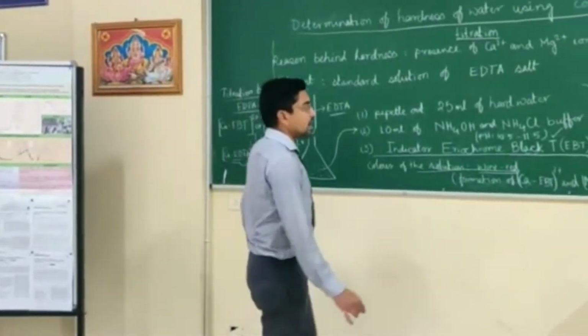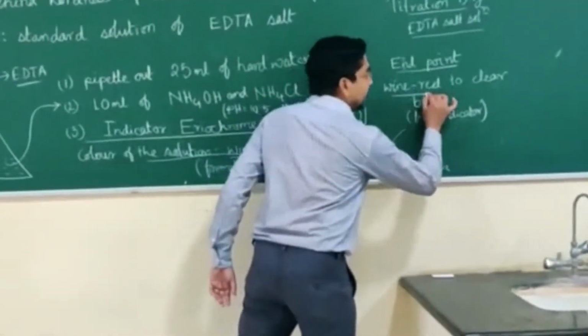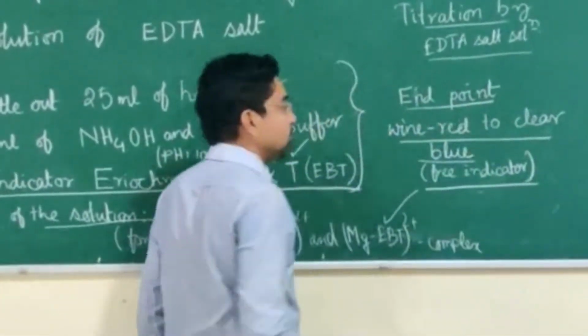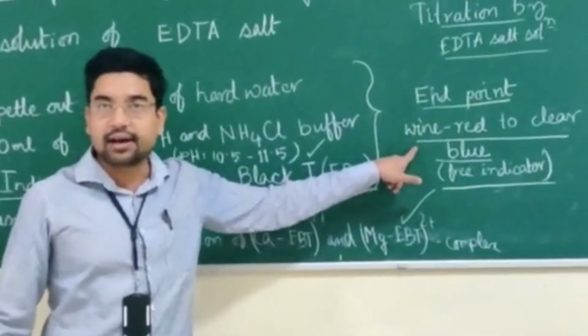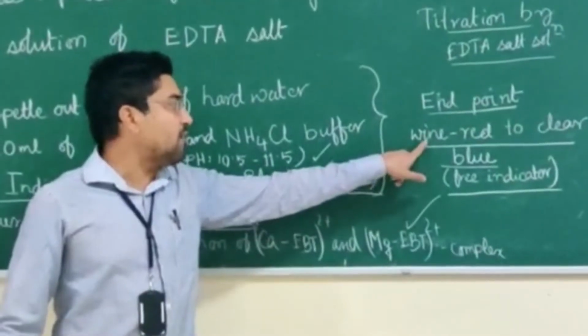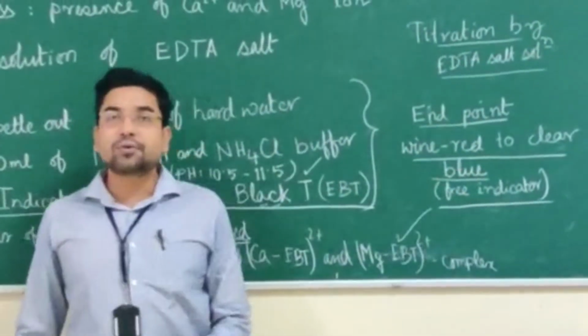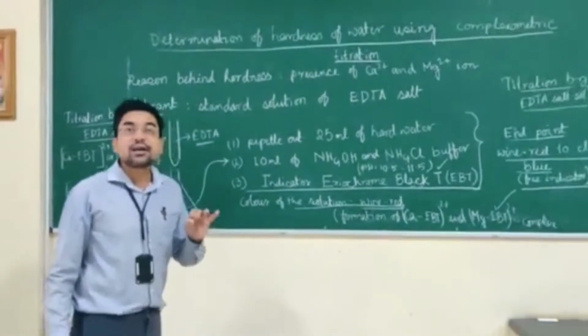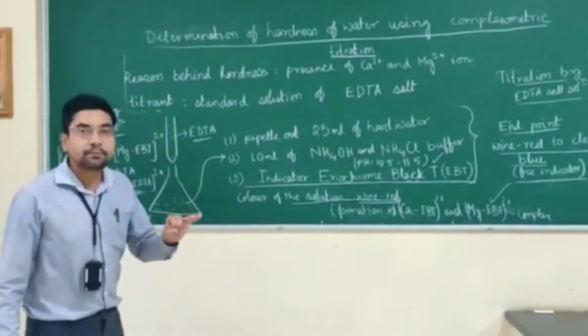That's why our end point is represented by a color change from wine red to clear blue. When we get the switch of color from wine red to clear blue, we stop the titration because this is our end point.